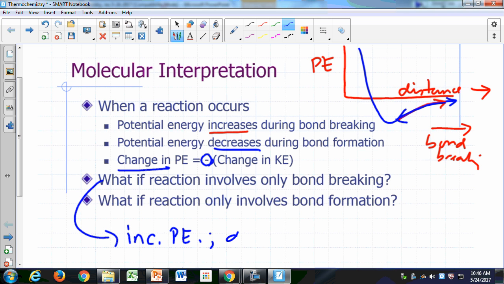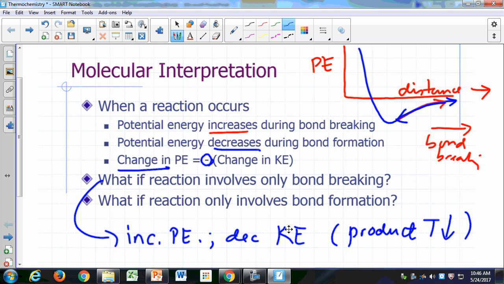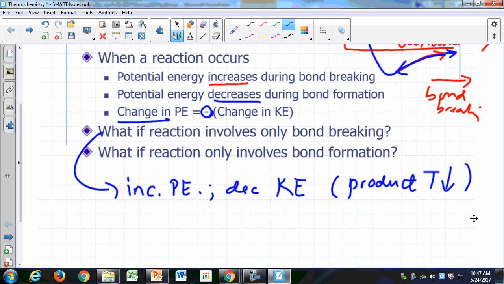So that means a decrease in kinetic energy of the atoms. That means the products are colder, right? Product temperature would be lower if there wasn't any flow of energy between system and surroundings.